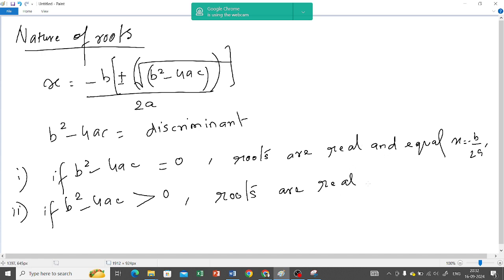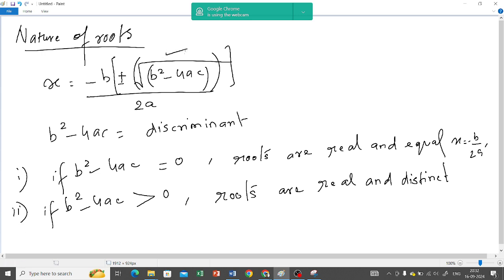Roots are real and distinct. Real and distinct means they are real and they are unique.